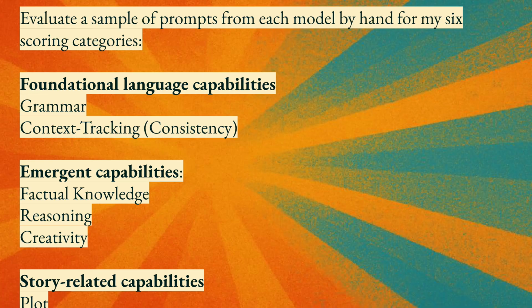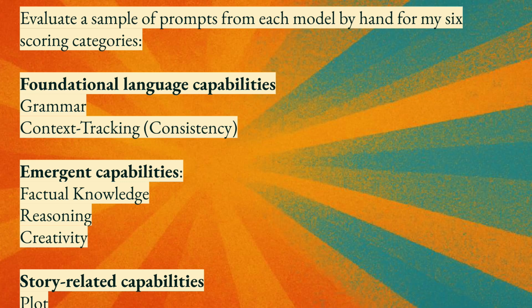I want to do some self-awareness as I'm grading these stories for grammar. I want to make notes on what I'm actually looking for, because those are the things that I'm going to eventually give to my LLM Judge as an instruction in the prompt. So: grammar, context tracking (which is also called consistency), factual knowledge, reasoning and creativity, and plot.